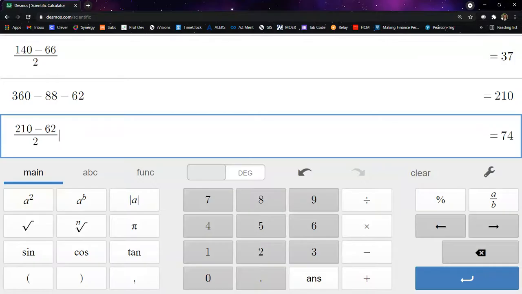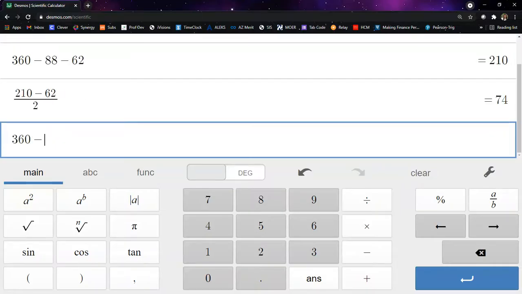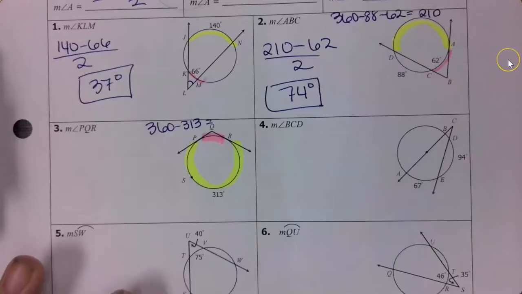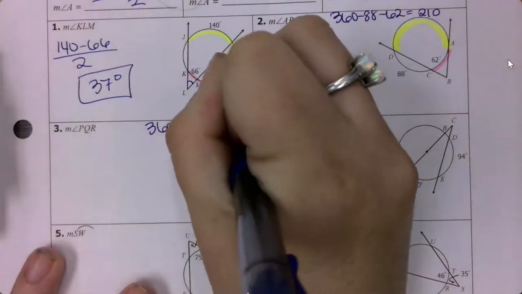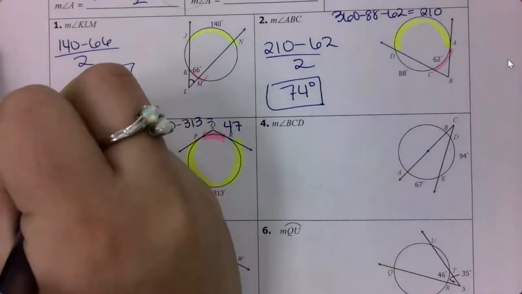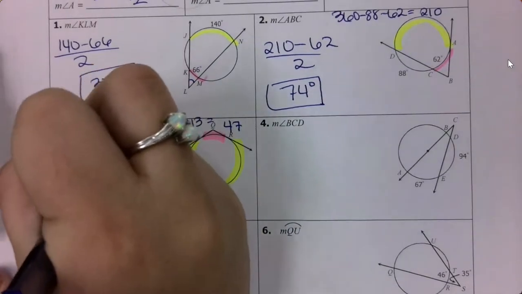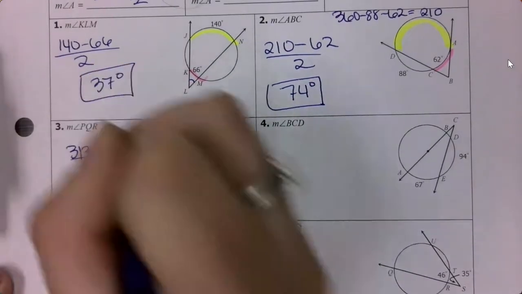So I can go to Desmos and type that in. Gets me 47 for this arc. So now I can do 313 minus 47 divided by 2.